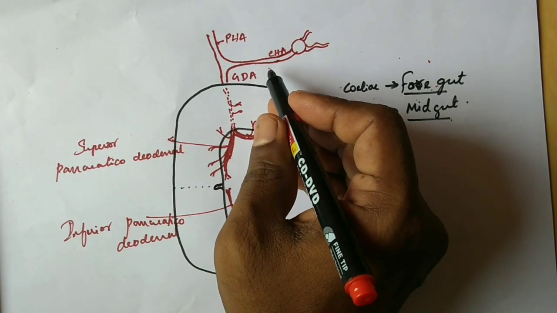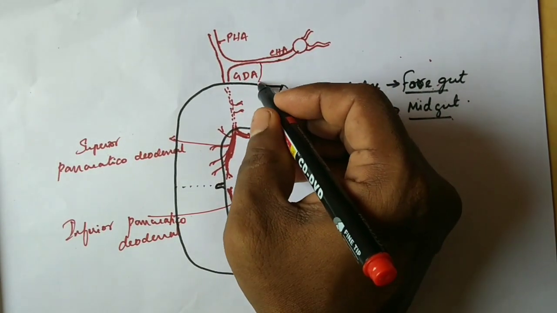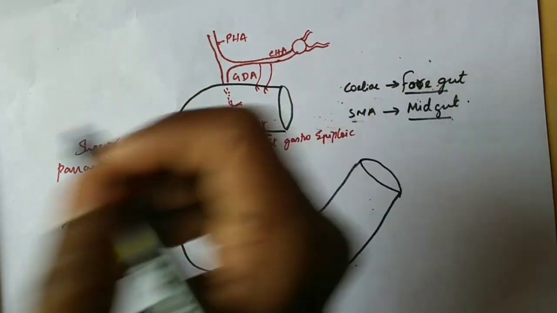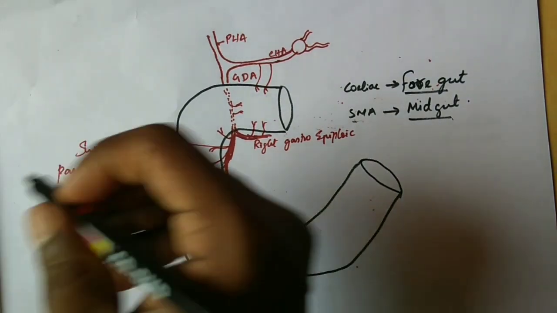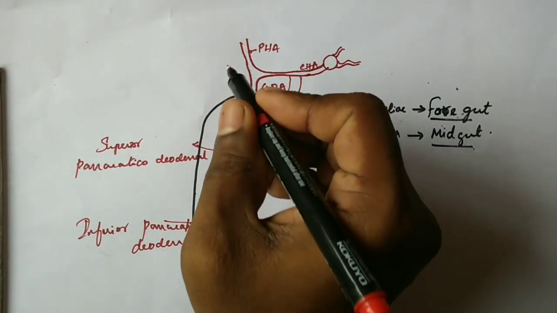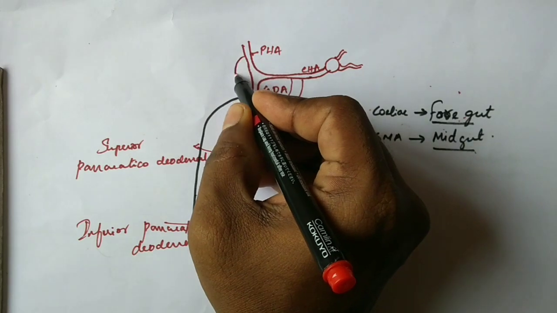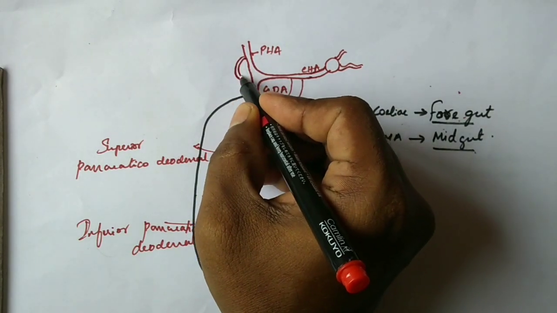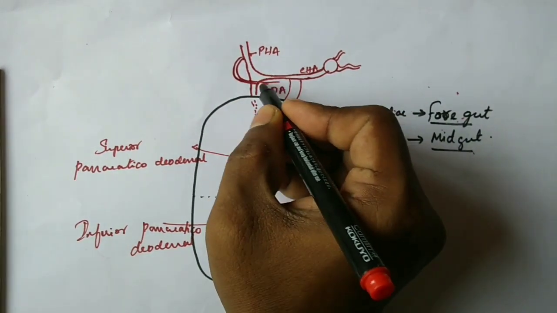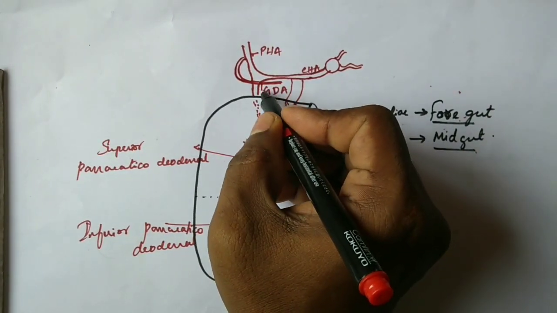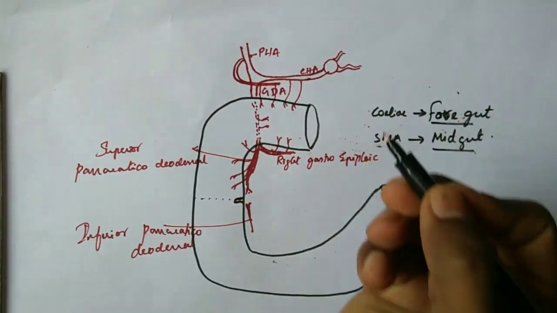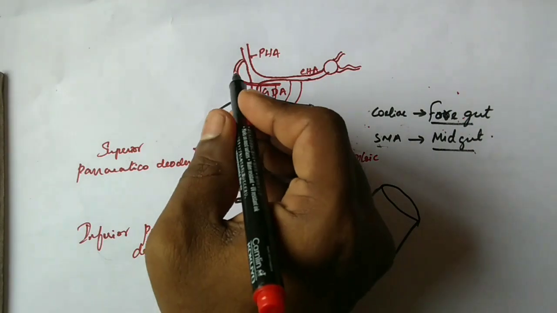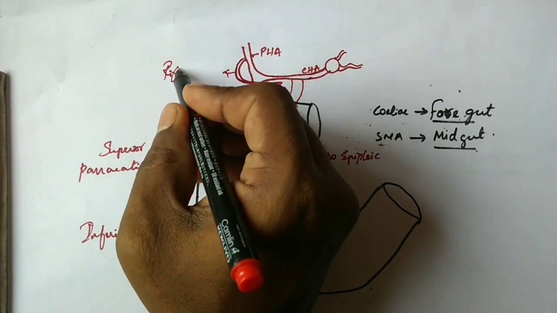This is the common hepatic artery. So it also receives additional branches from the common hepatic artery, and the proper hepatic artery gives the right gastric artery to supply the stomach, and this right gastric also gives additional branches to the first part of duodenum.